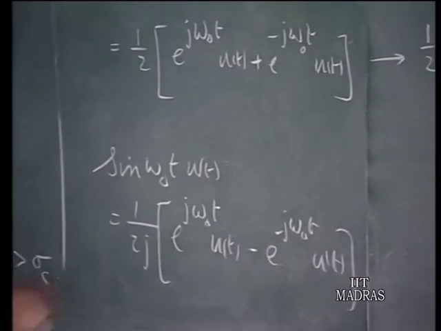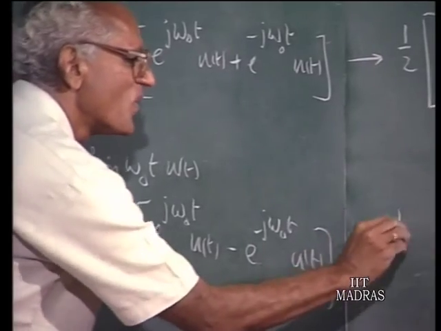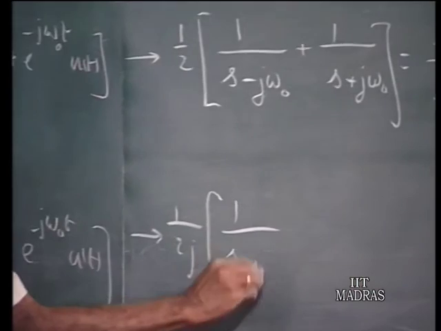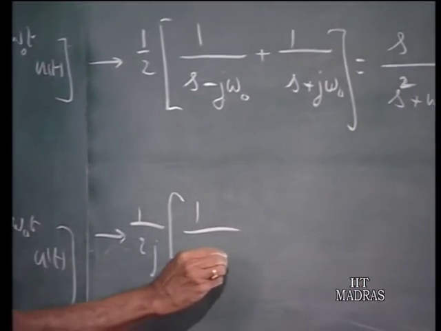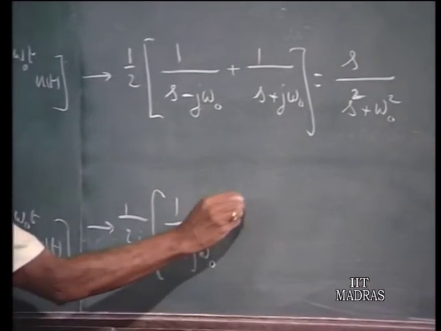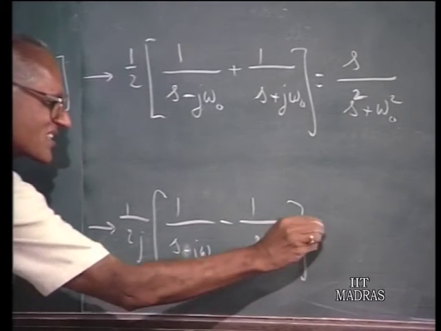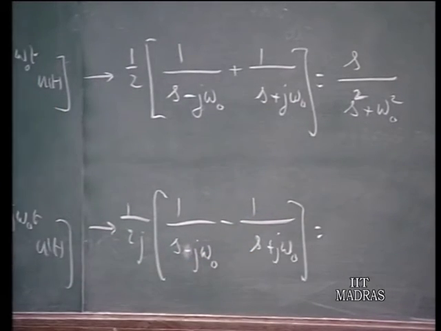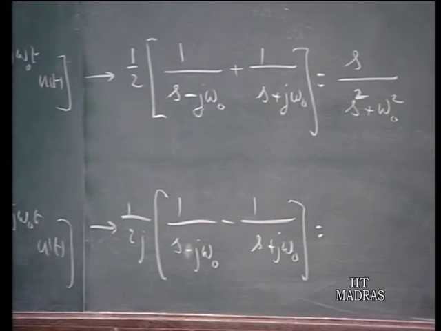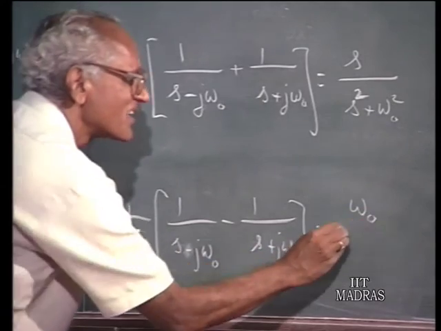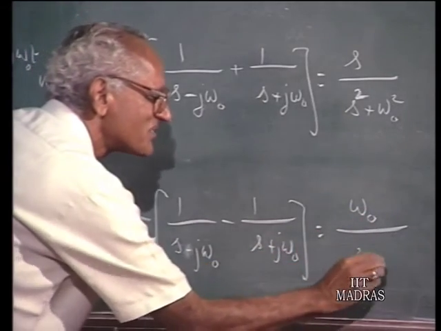This can be written as 1 over 2j times 1 over s minus j omega naught minus 1 over s plus j omega naught, exactly in the same fashion, and in the numerator you get 2j omega naught by rationalizing the denominator, and this 2j will cancel with this. So, you get omega naught over s squared plus omega naught squared.